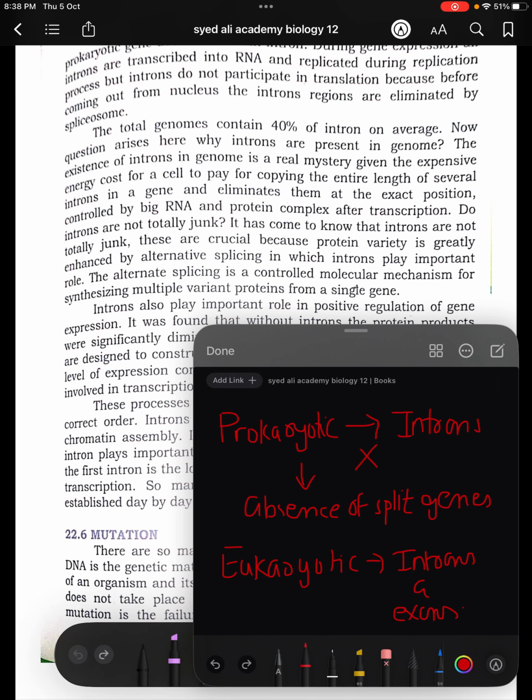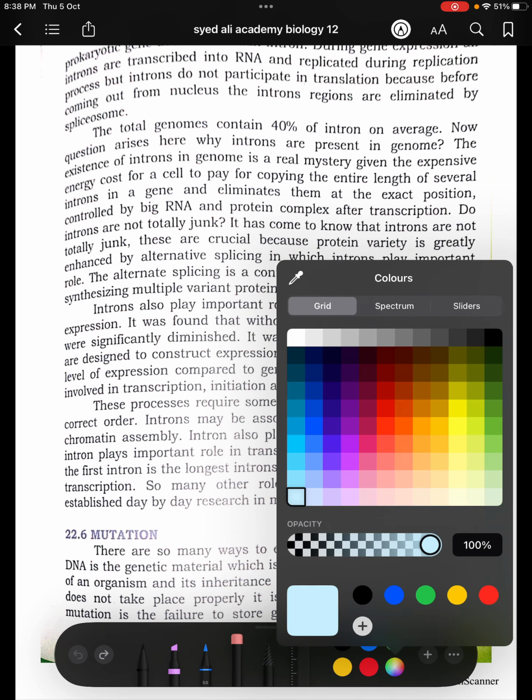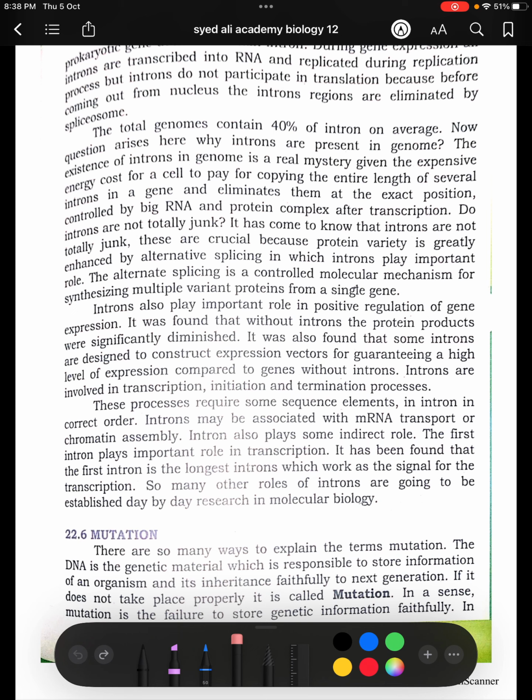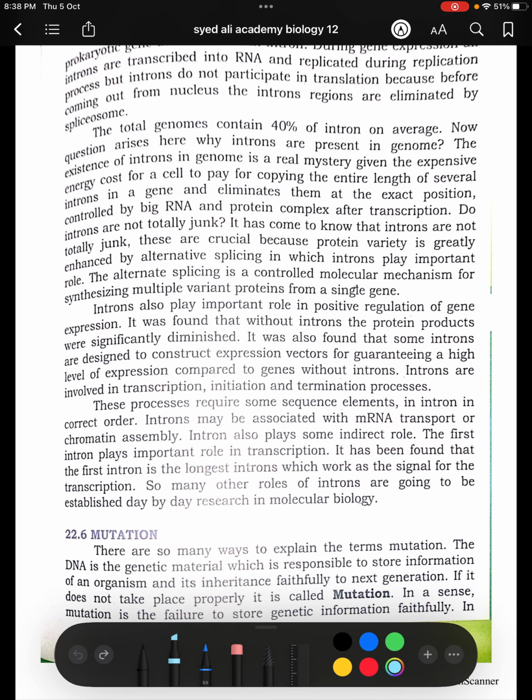Here the important thing is written that the introns are transcribed into RNA, plus they are replicated as well, but they do not do translation.